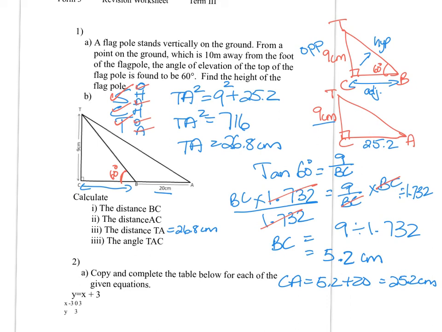Now we want to get angle TAC. We use sine, cosine, tan again, TOA. We have opposite and adjacent, and we want to find the angle, so we use tan.